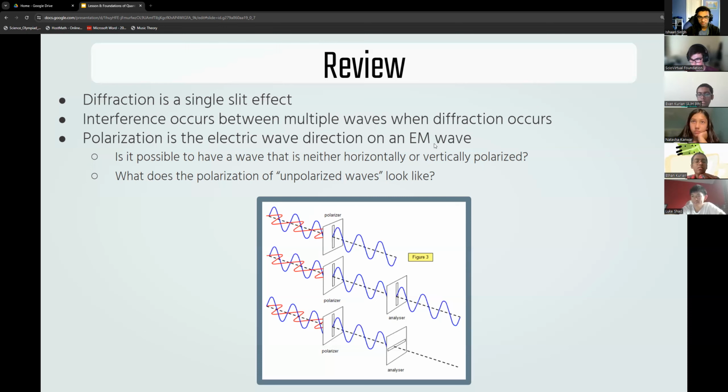What does the polarization of unpolarized waves look like?